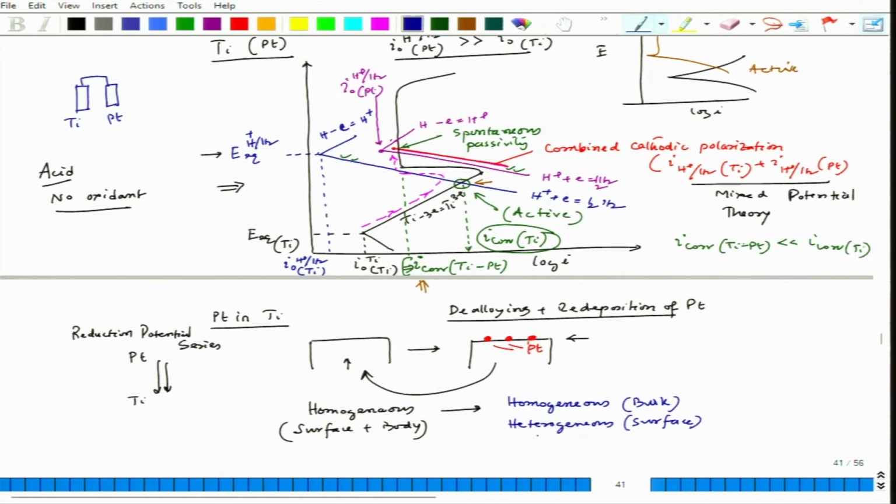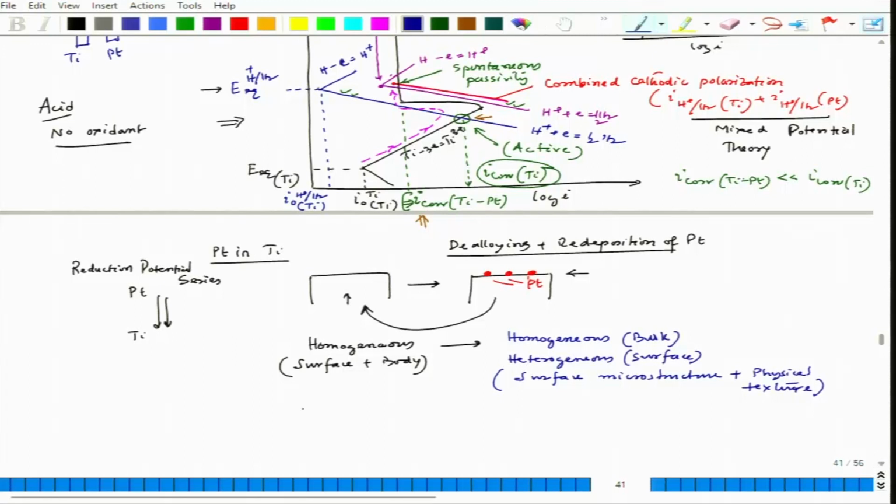So we are changing surface microstructure plus physical texture, that means the appearance of the surface. So these two are changed. This particular effect is a combination of alloying plus surface microstructural change.